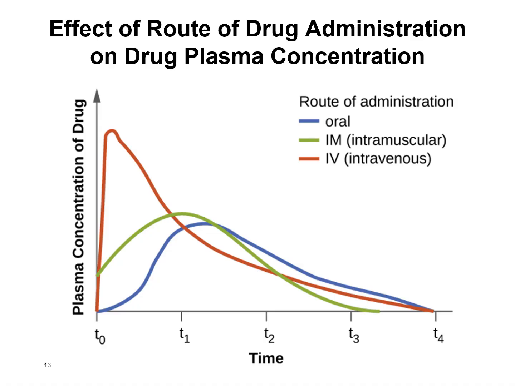But those concentrations will very quickly decrease. So we need to give the IV route much more frequently than if we were giving the drug orally. Oral administration is going to be the slowest uptake, and it's also going to last in the body the longest.